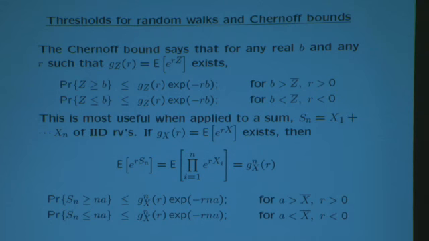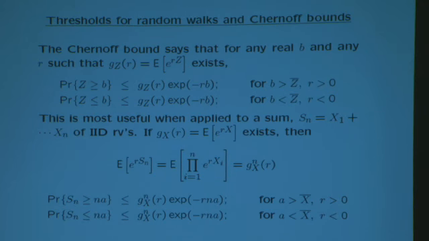Here, we're looking at something else. We're not looking at what goes on around r equals 0. We're trying to figure out what goes on way out on the far tails of these distributions. So, if g_X of r is the expected value of e to the rX, then the expected value of e to the r S_n, where S_n is the sum of these random variables, is the expected value of the product of e to the r X_i, because e to the r times the sum of X_i turns into a product.